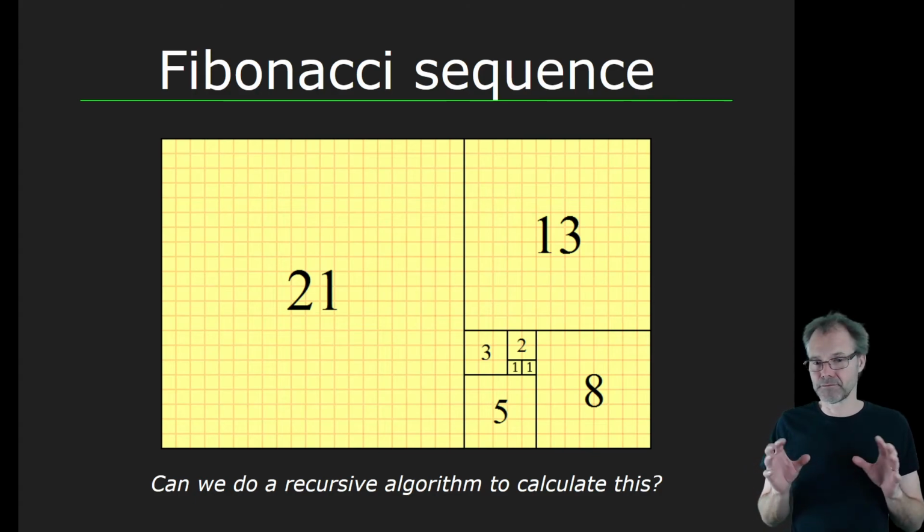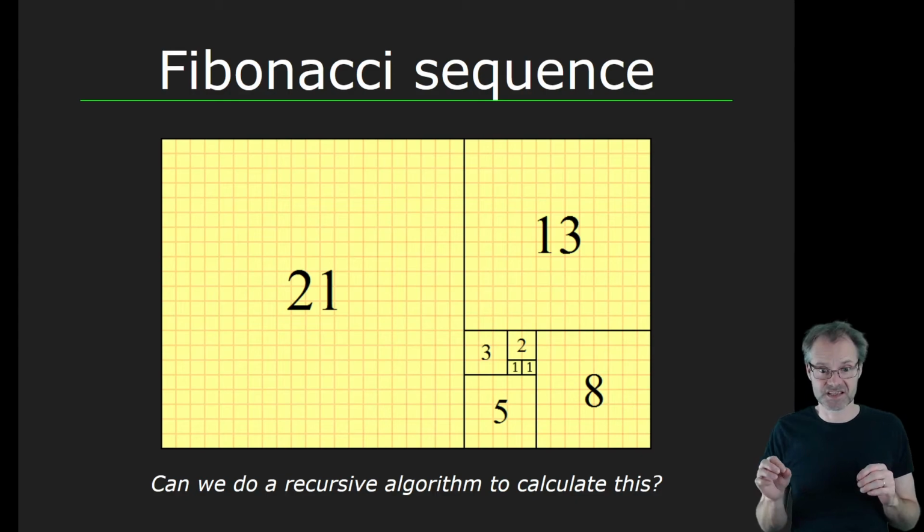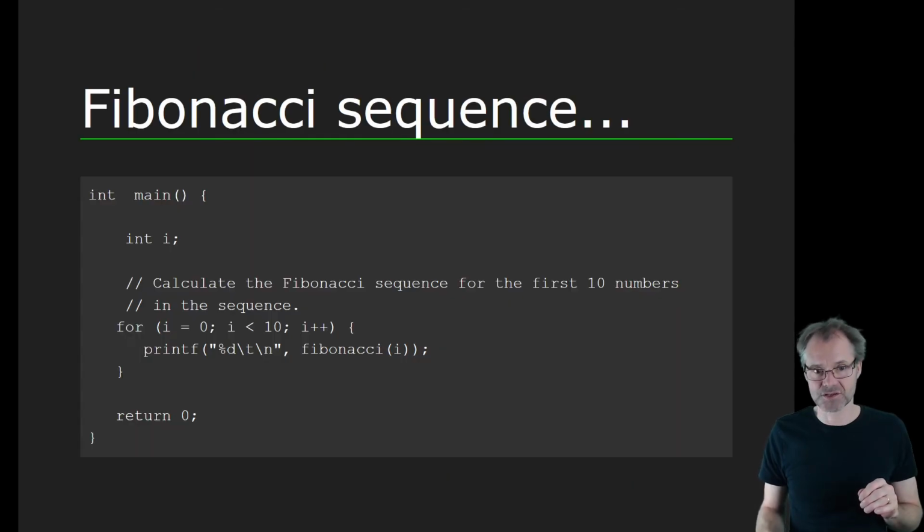Maybe you have heard about the golden ratio, and that sort of stuff. But let's leave the design area out of this, and let's go into the recursive solution for the Fibonacci sequence.